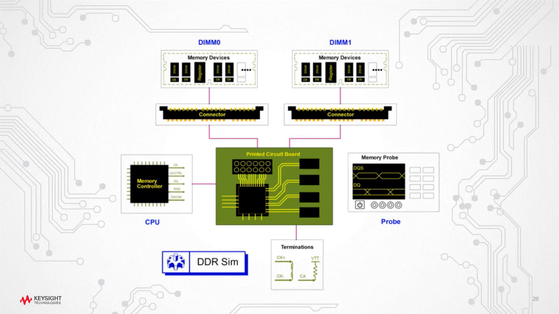The physical length is exactly the same, but the electrical length is different. So the key thing to make sure things are time aligned is to look at a measurement of skew. We have that built into the memory probe. But you also have the ability to look at a TDT from SIPRO. You can overlay different TDTs on top of each other and see whether they're all time aligned, or if there's one particular trace which is shorter and has less flight time than the others.